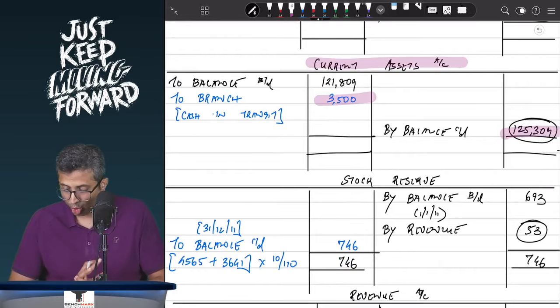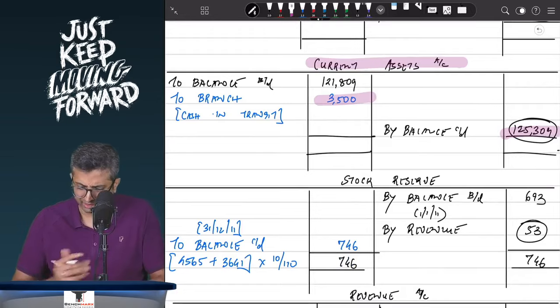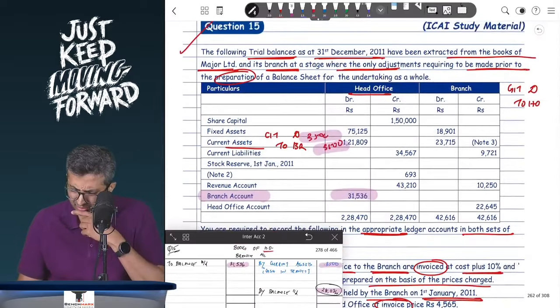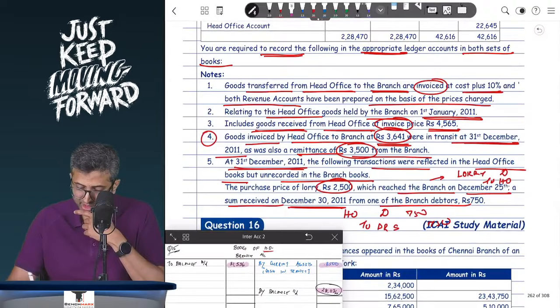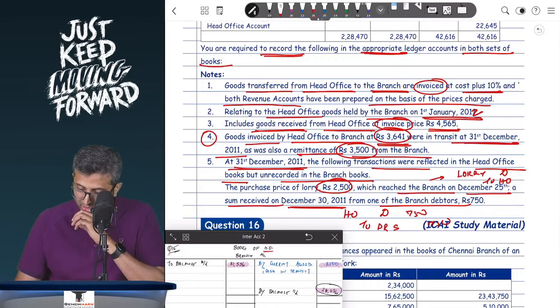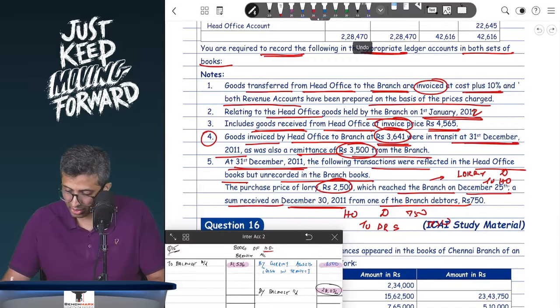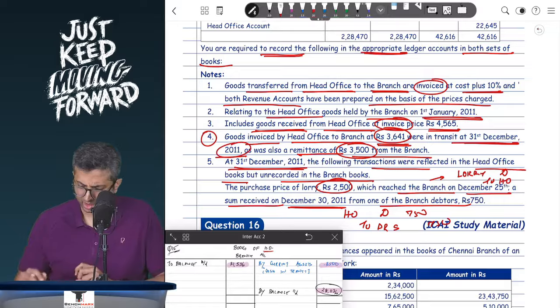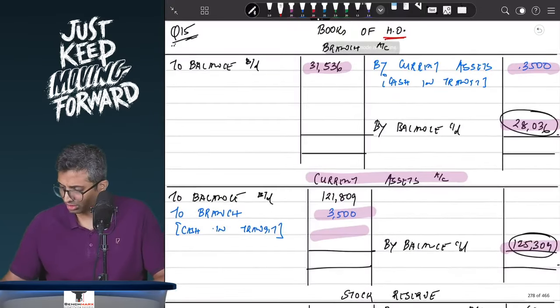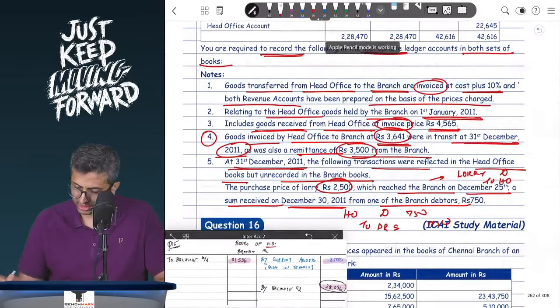Now your opening balance on 1st January 11, I think there's a printing mistake here. There's an opening balance on 1st January 11 given, which means this must be 1st January 12. Relating to head office, goods sent by branch, goods invoice... sorry, were in transit on 31st December 11. So this is closing, 3641. And what else was there?